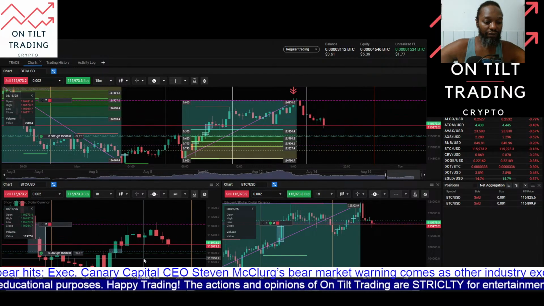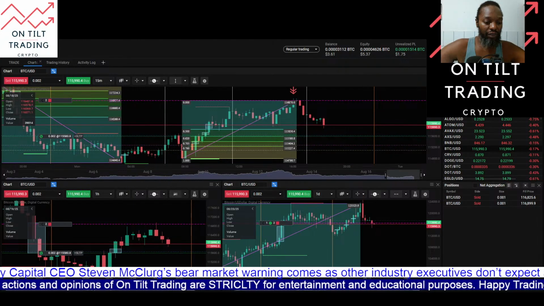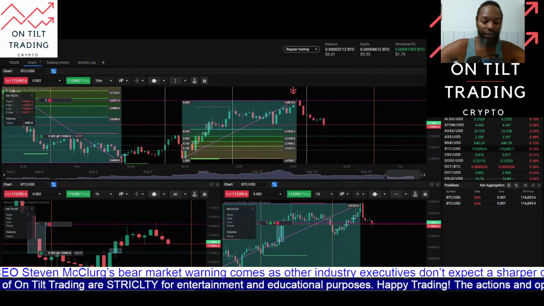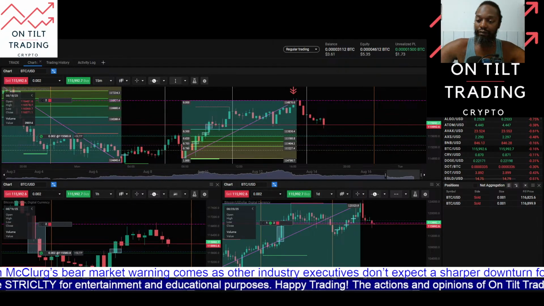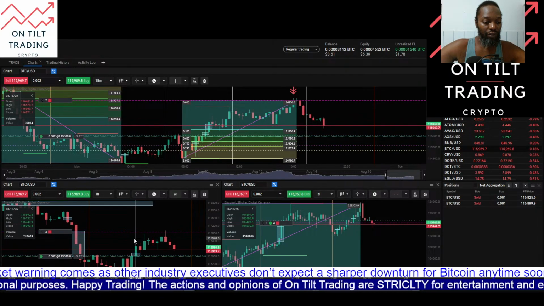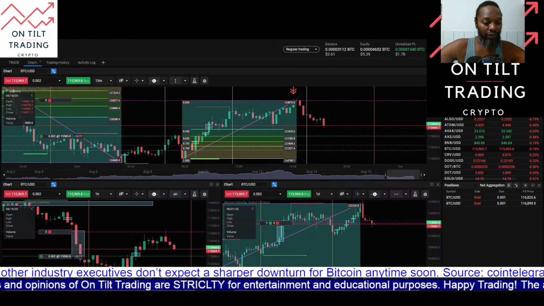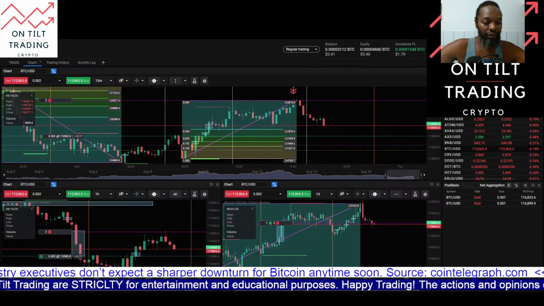Then I'll go into the 15-minute for a little more detail. But here, as I mentioned, you get this market structure shift here. Slide it over a bit. So you get this market structure shift here with this level here.